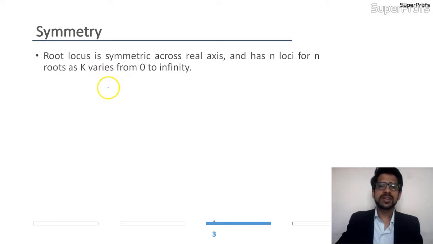As you know, root locus is nothing but the locus of roots, and you also know that roots occur or appear in conjugate pairs.